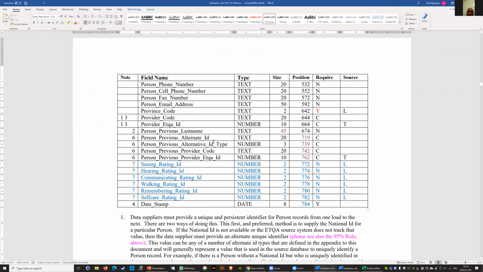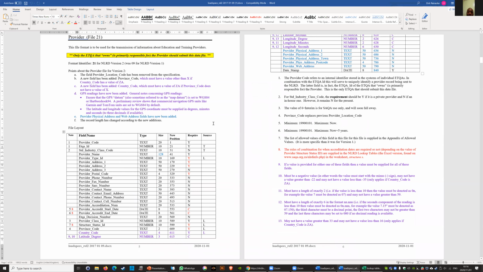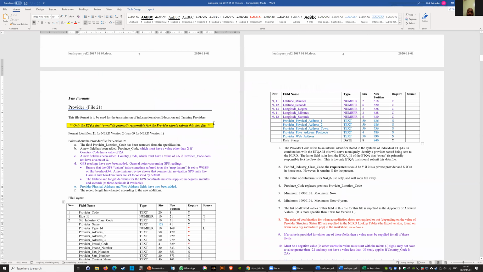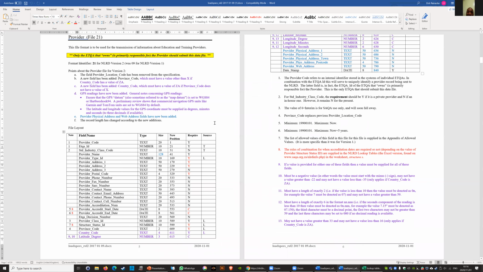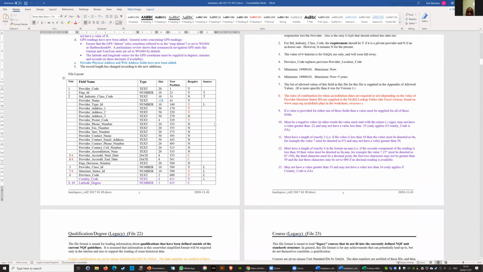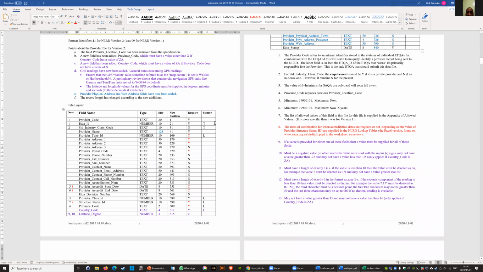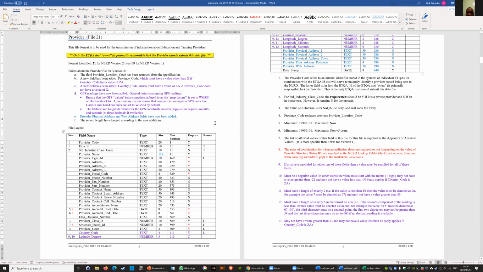Why does it ask for this document 21? Okay, maybe it's because of the contents that are there. It has got the specifications, like provider name, ID. All the information that is required about the provider is covered on that one.